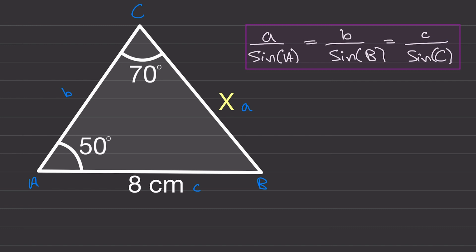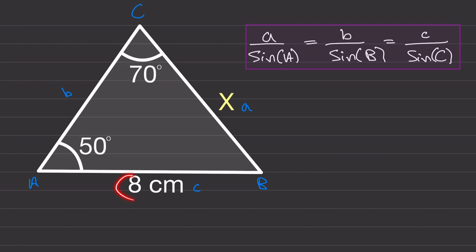Here we've got uppercase C, which is 70 degrees, and that would correlate to sine C, and lowercase c, which is here.